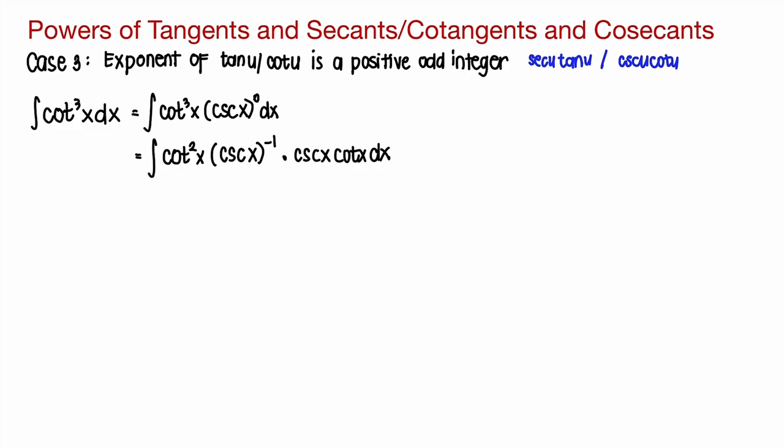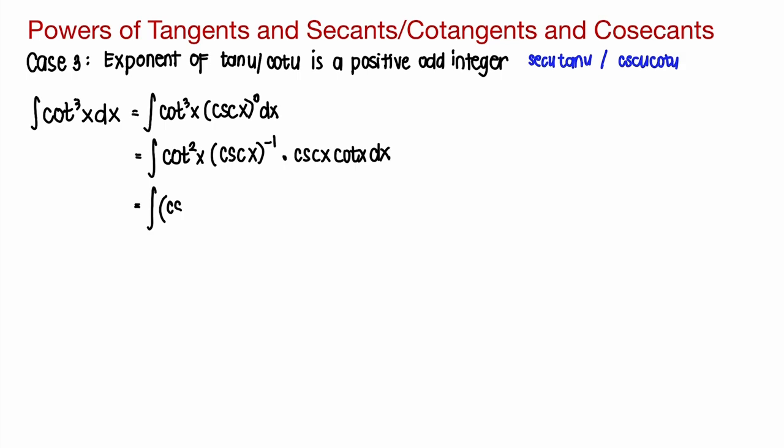Okay, so what's next? We now were able to factor cosecant x cotangent x. The next thing here is to express everything in terms of cosecant x. So we have cotangent squared x. We can now write that in terms of cosecant by using the Pythagorean identity.